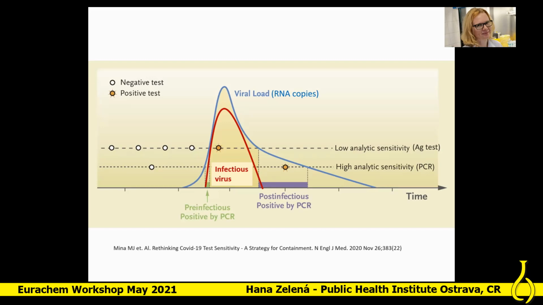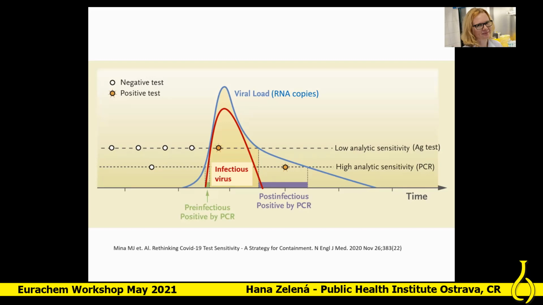On the other hand, when you use a test with a lower analytic sensitivity, typically an antigen test, there is some risk that in the phase when the number of viruses is very low, this antigen test can miss the infectious person.